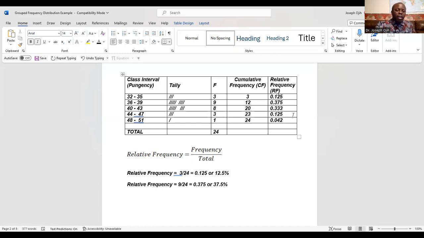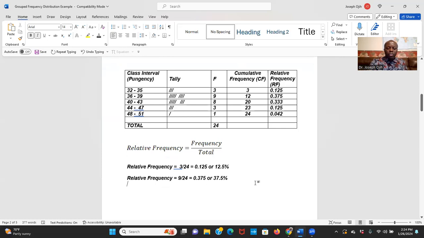So let's see what our answer here is. Let's conduct the check and make sure the relative frequency is correct.